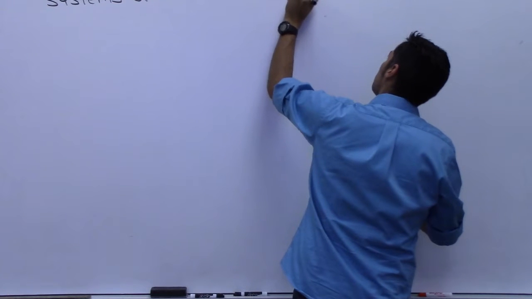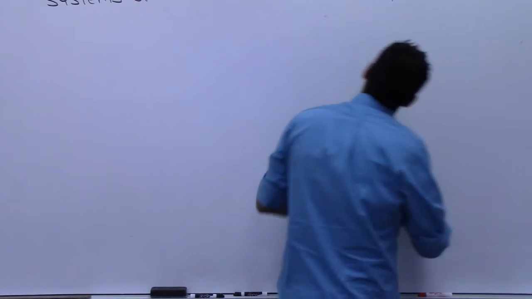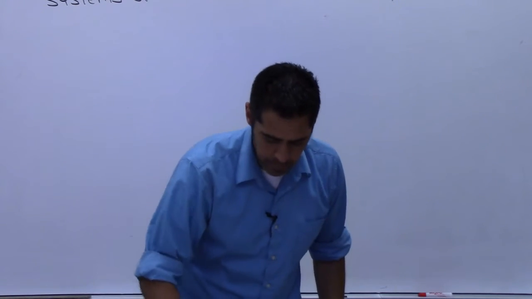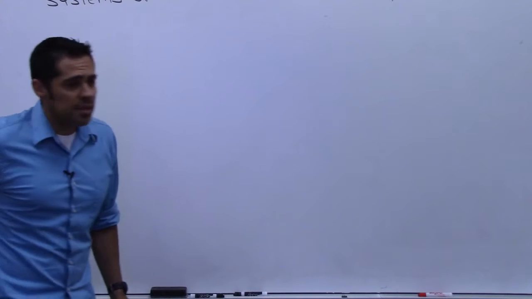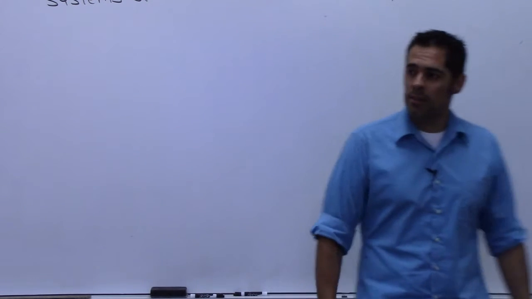Three equations, 3 variables. Is this still 12.1? Yeah, this is still 12.1. Yep. 12.1 is kind of a long section. I'm sorry? 12.1 still. Yep. We're still in it, and we're about halfway through it.